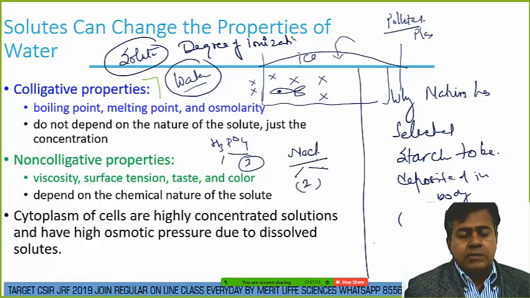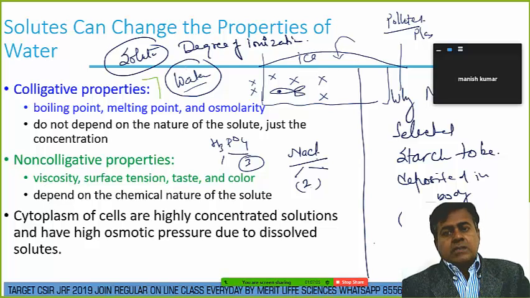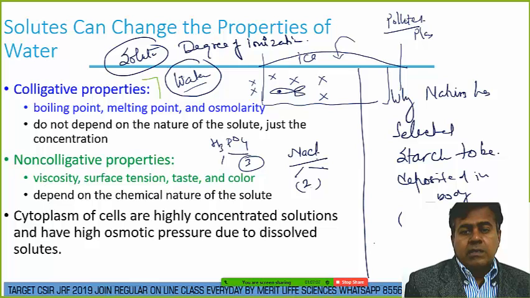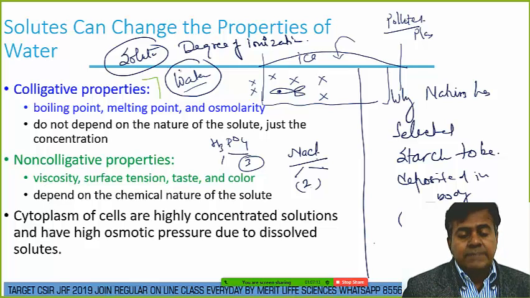Right? And water is going to decide. Polar molecules are going to be dissolved more effectively at a certain fixed temperature and pressure, while non-polar molecules are not going to dissolve at any temperature or pressure.